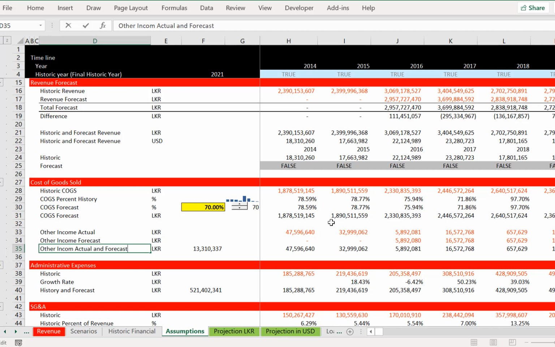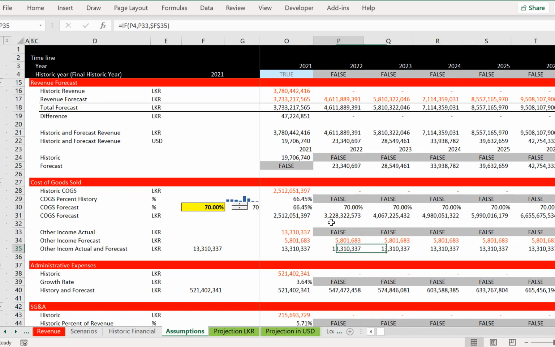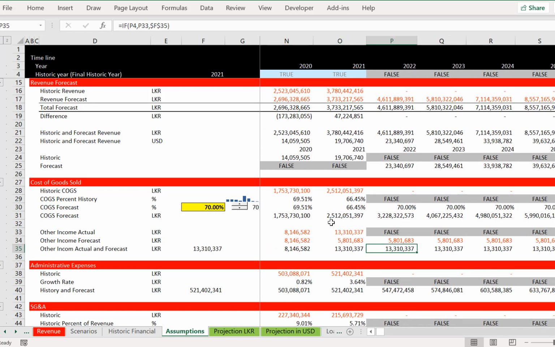Well, somebody told me, there's a really good modeler who doesn't make spelling mistakes. I would be a really bad modeler then. And you notice that there's a simple if statement, and this if statement refers over and over and over again to the historic year.